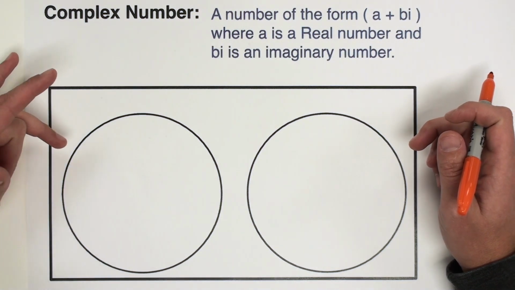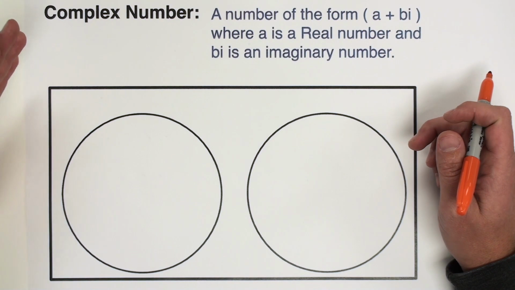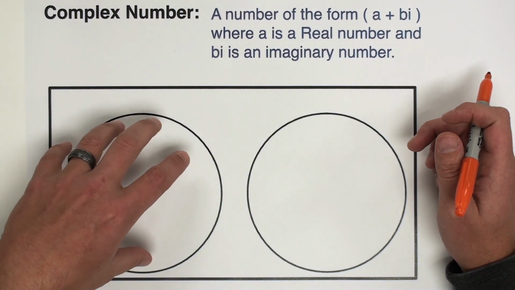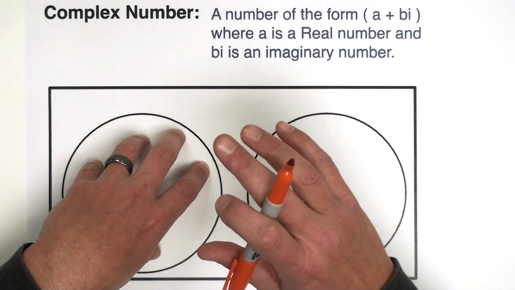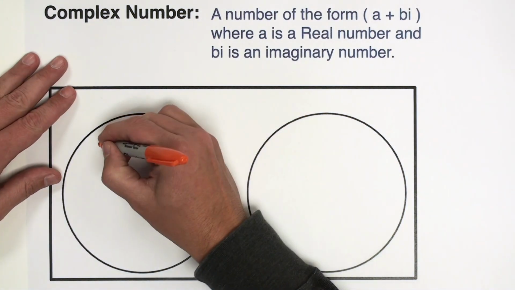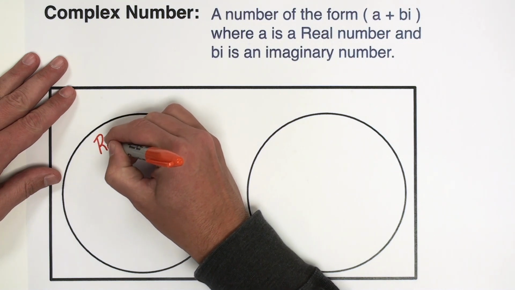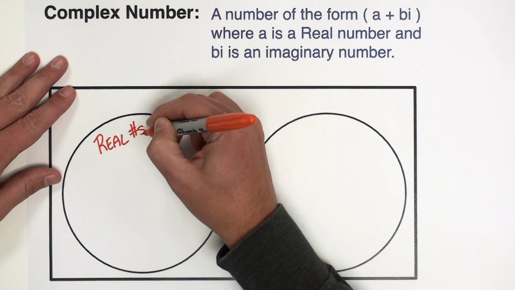But up until this point in your studies of math, right, let's put everything that you know into this circle right here. So everything you had up until this point were real numbers, right?